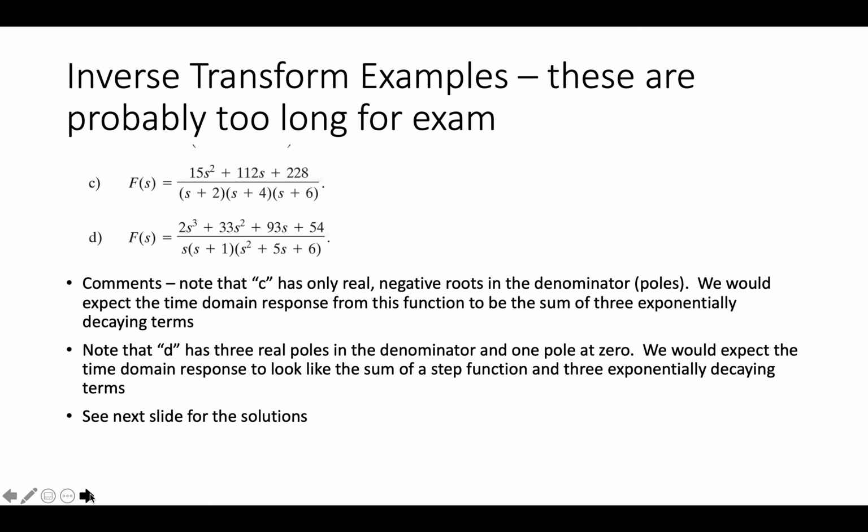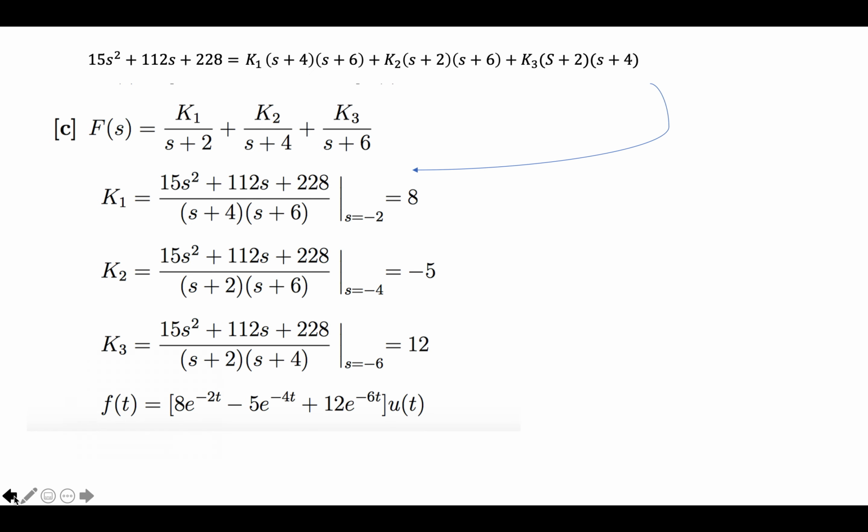These are maybe a little too long for the exam, although once again, this is an open book, work-at-home exam. So what's too long for an in-class exam may not be too long for an exam that you have plenty of time and resources to work on. So here are the solutions for this particular problem.